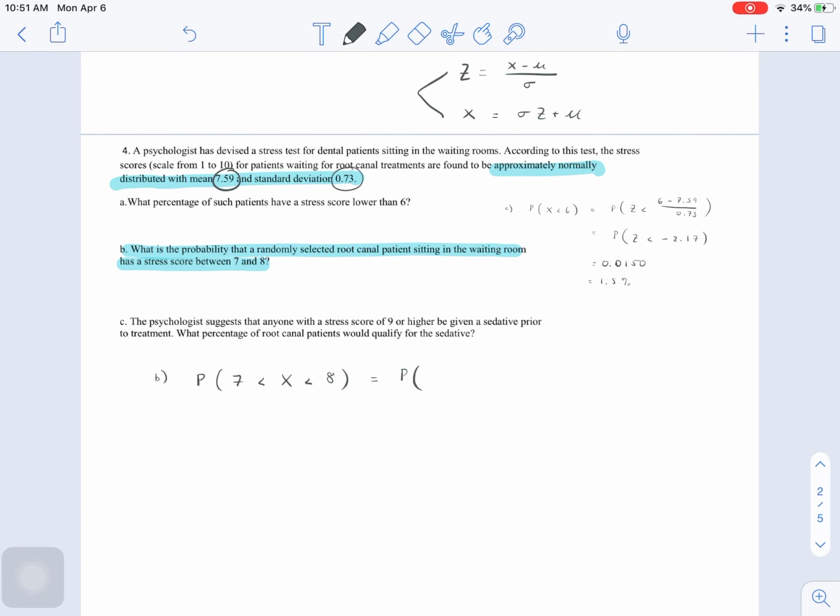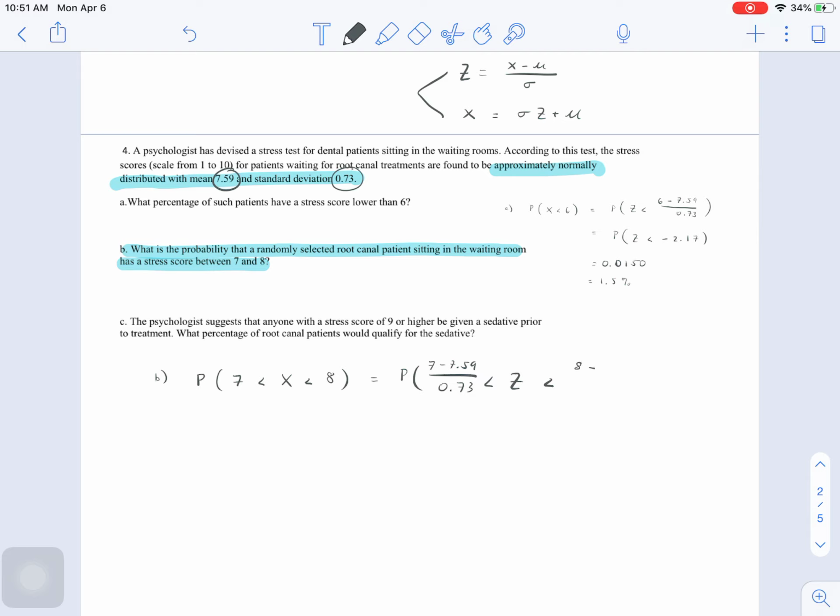So I'll bring back my formula. To convert 7 to a z-score and to convert 8 to a z-score, I'll do 7 first. 7 minus the mean, 7.59, divided by our standard deviation of 0.73. Next, I'll convert 8.